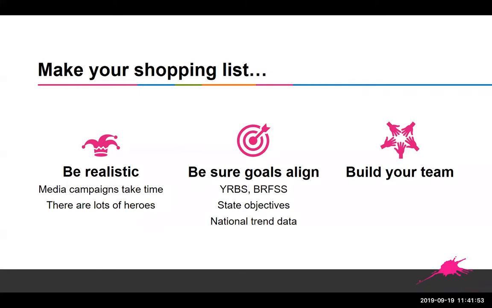So if you can get a couple of partners to chip in and to everybody say the same thing, show the same images, focus during the same time frame, you're going to have a much better chance of breaking through that clutter. And I have to tell you that the bad guys always have way bigger budgets than we do. So the more that you can condense and consolidate, the better off your campaign will be.